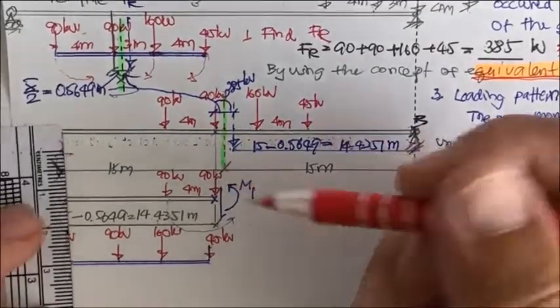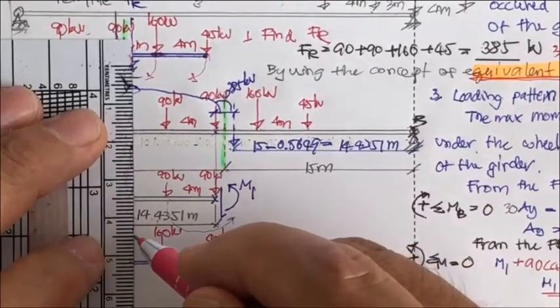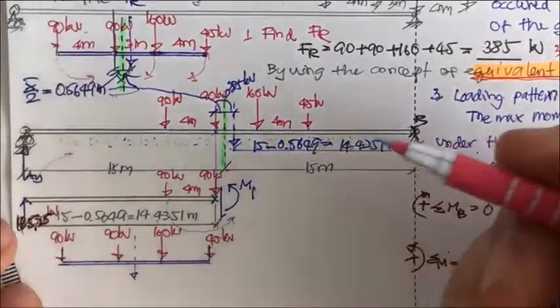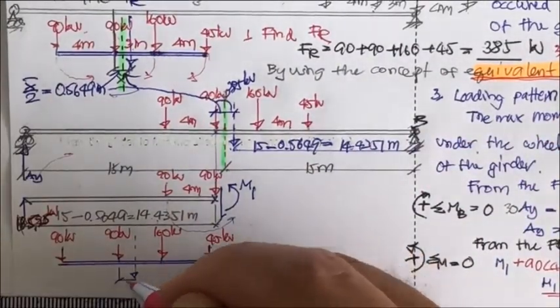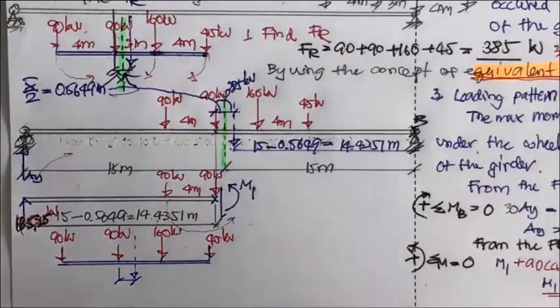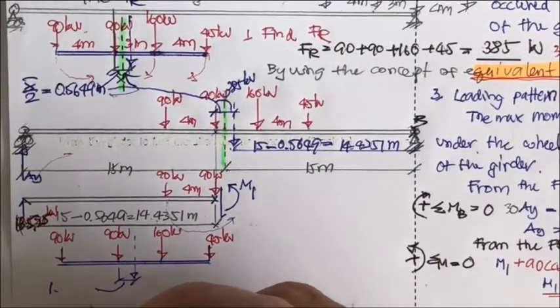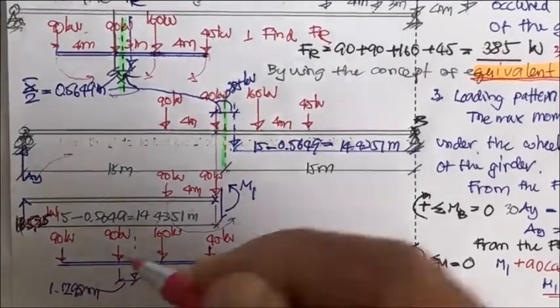But the same thing, we have this F sub R, and the location X bar here we have is 1.1298 meter.